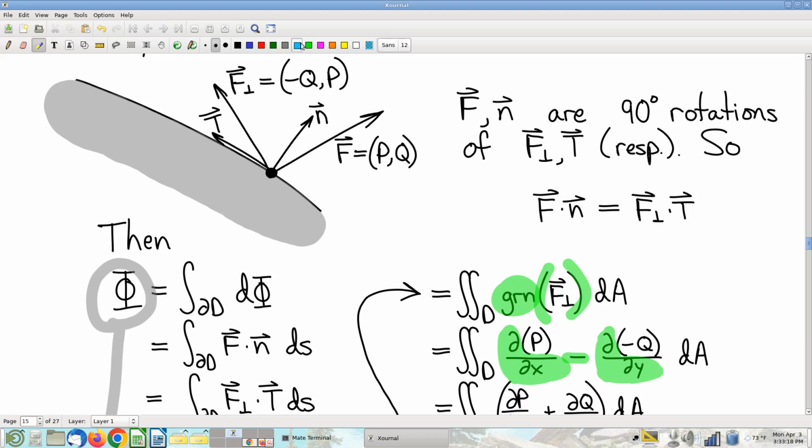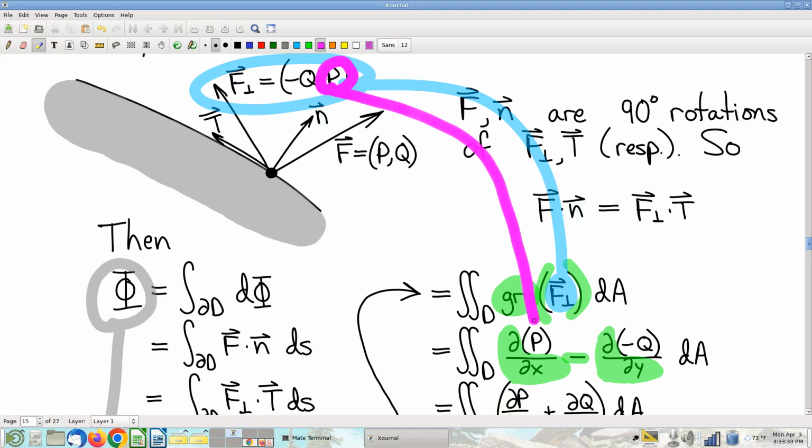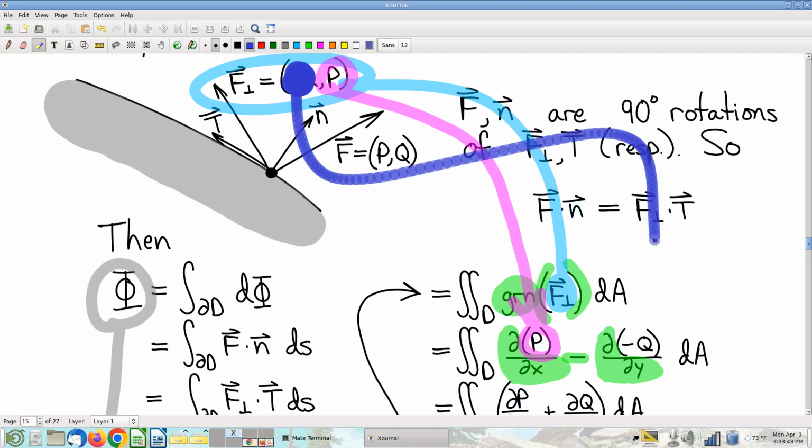To be more careful about it, when you're taking a Green's operator of a vector field where there might be a confusion of variables, remember it is the x partial of the second coordinate, which is p in this case, minus the y partial of the first coordinate, which is minus q in this case. Right, so you've got to be a little bit careful. That's one little tricky bit.